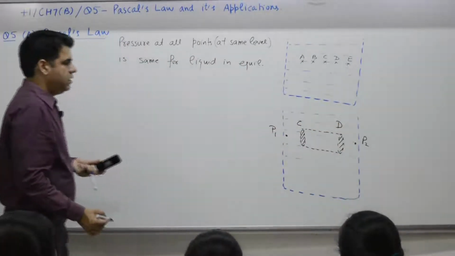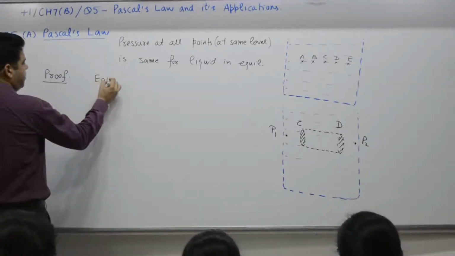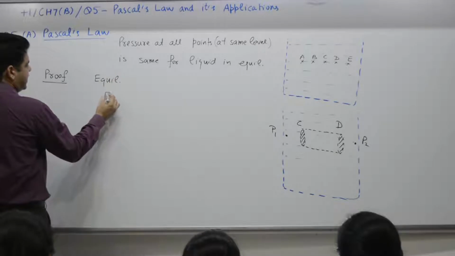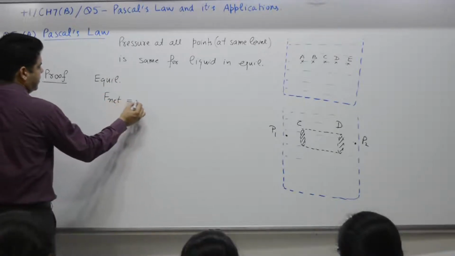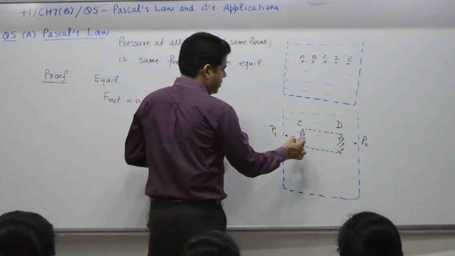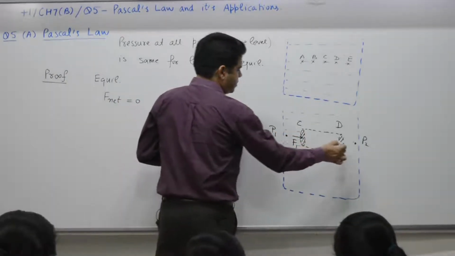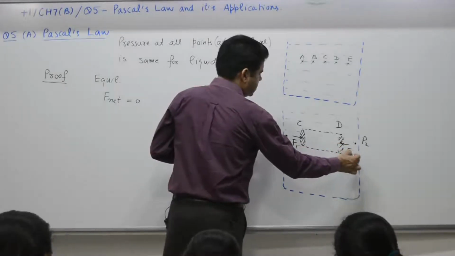Now this cylinder is in equilibrium. If it is in equilibrium, net force acting is what? 0. That means what? Force acting on this face is written as F1 is equal to force on this F2.